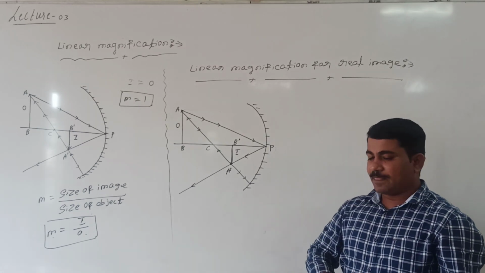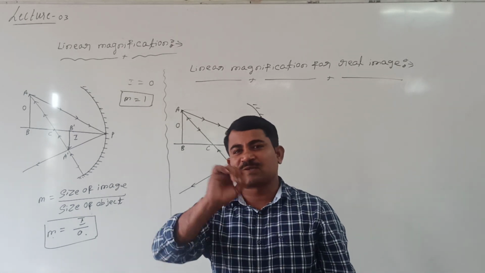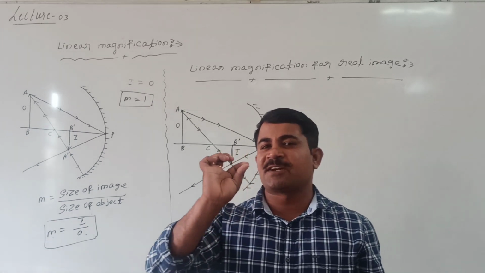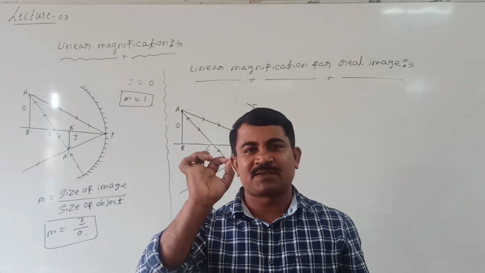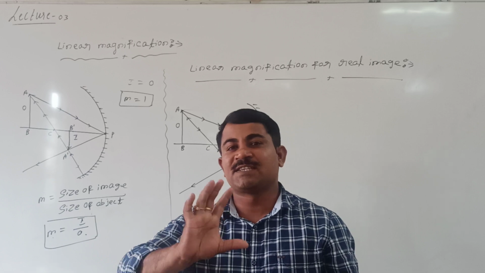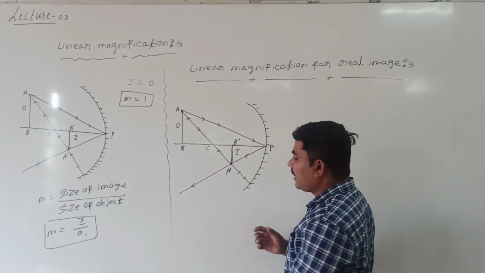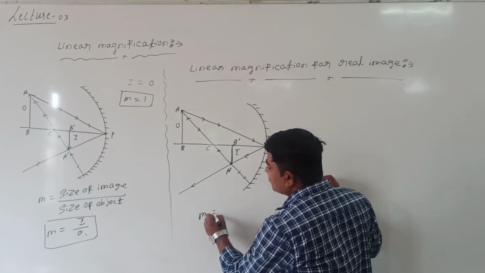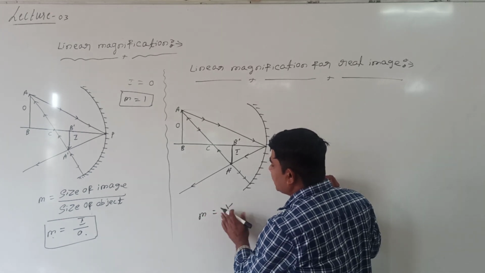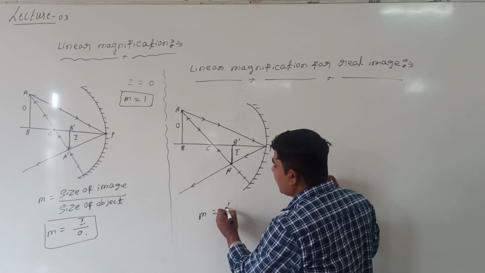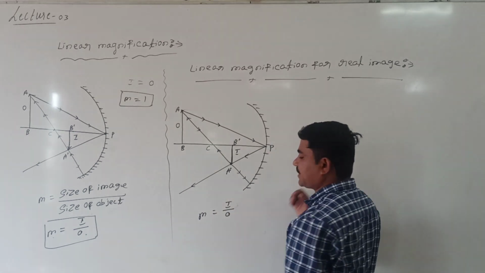Now come to the sign convention in optics. Distance measured upward perpendicular to the principal axis is taken to be positive. Distance measured downward perpendicular to the principal axis is taken to be negative. What is linear magnification? Size of the image divided by size of the object.